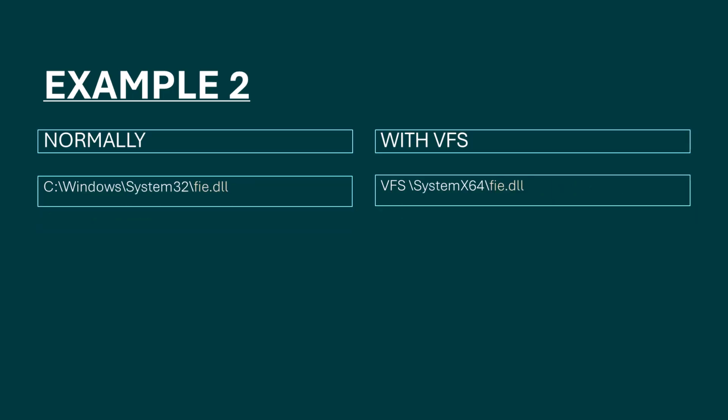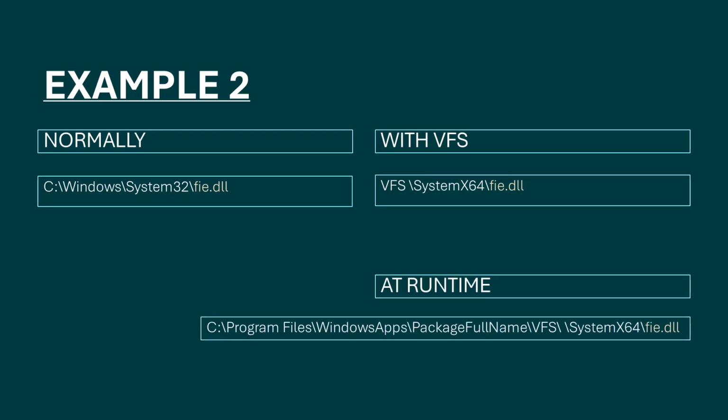Here is another example that demonstrates file enumeration. Normally, you might install one of your 64-bit DLLs into the Windows System32 folder, well, on a 64-bit OS. In the package, if you put it into the VFS SystemX64 folder, then the actual install location probably looks like this. But now your code decides to enumerate all the files under that folder.